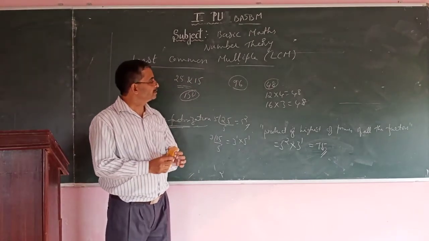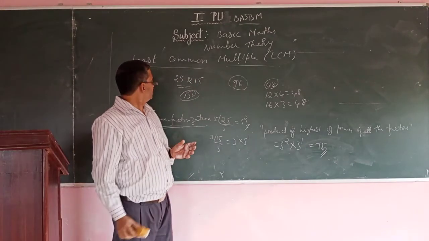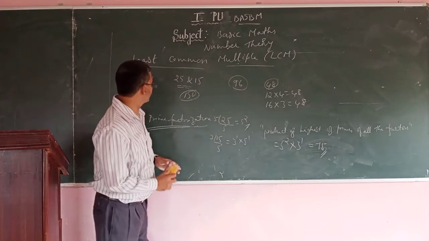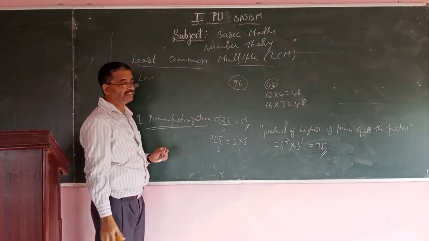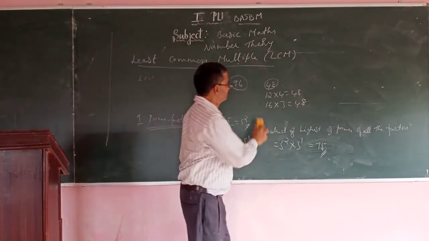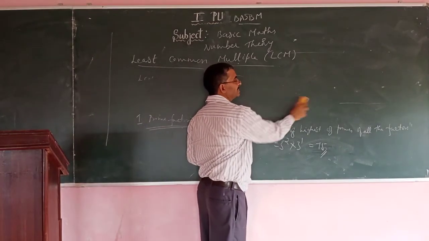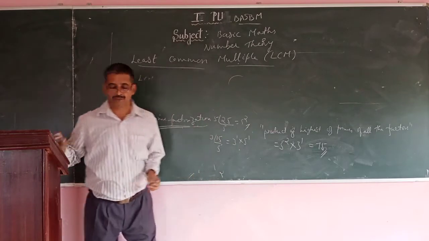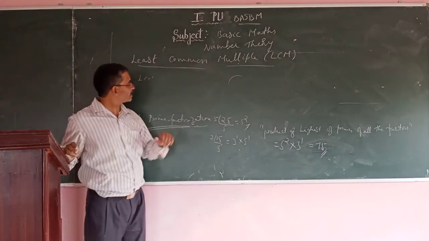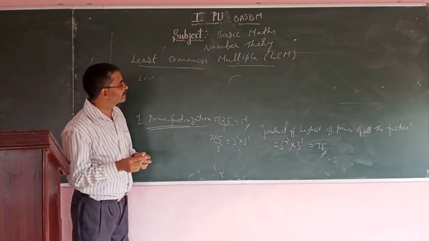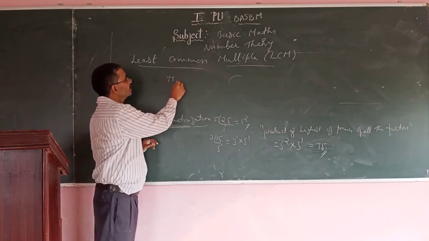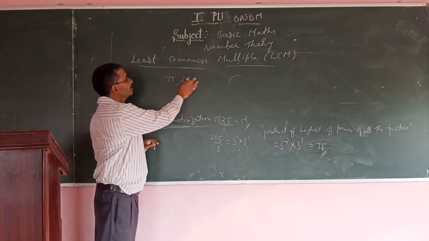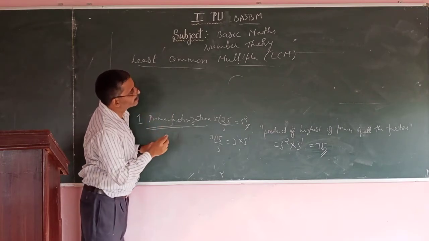Next, the second method is the division method. Again I will consider the same values, 15 and 25.